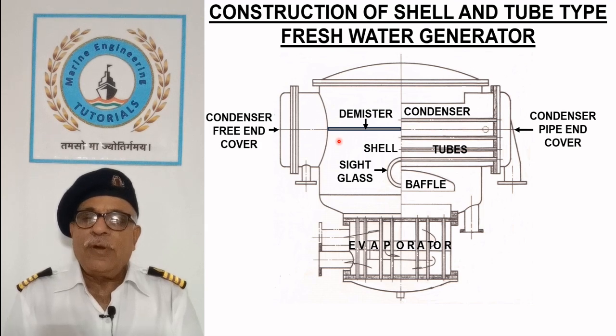A demister made up of monel wires prevents the carryover of seawater droplets and helps in limiting the salinity of evaporated water below 5 parts per million.